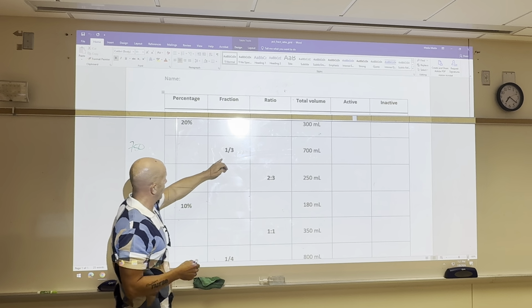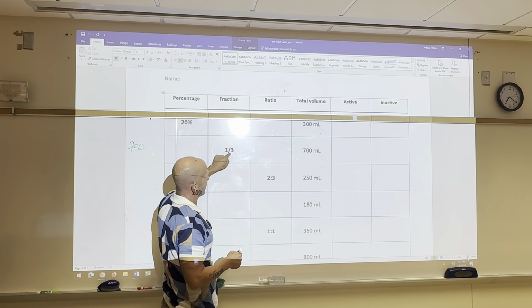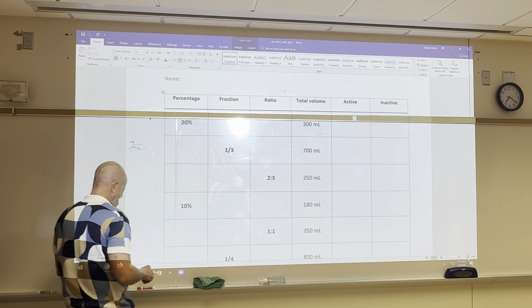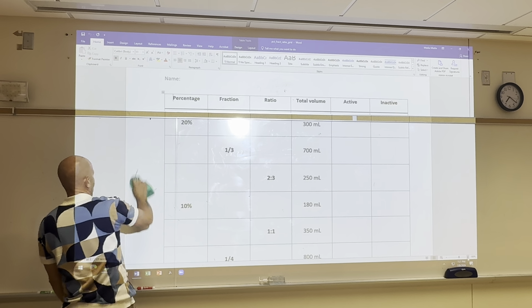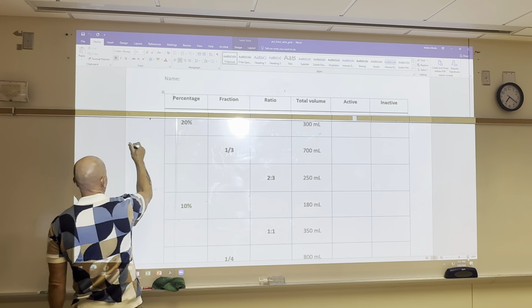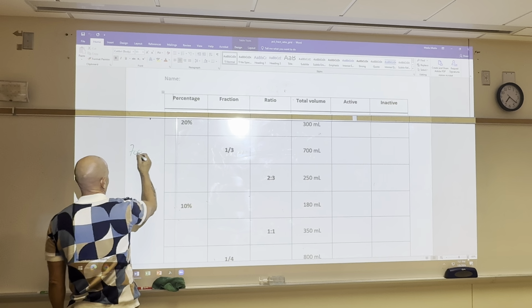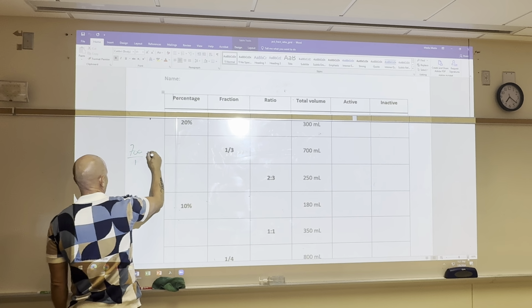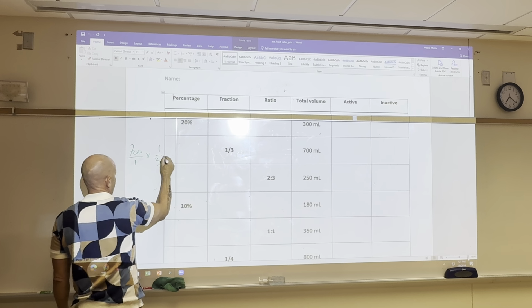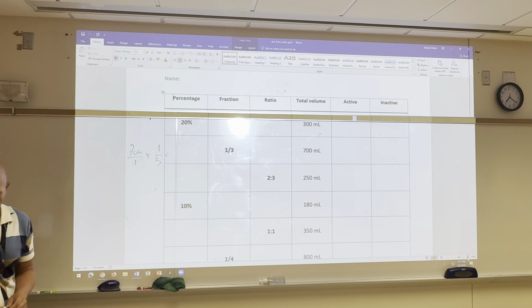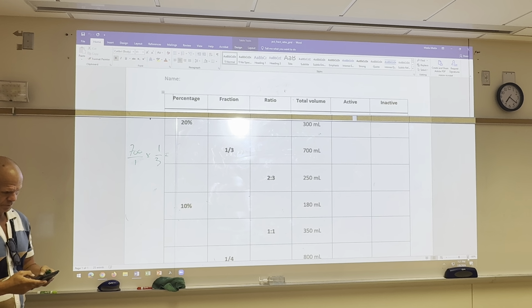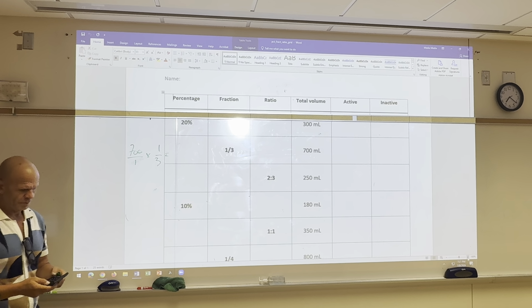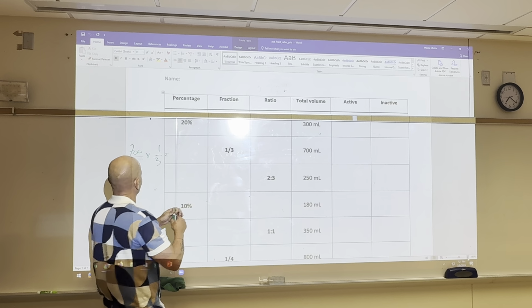So there's a 1 to 3 fraction, so what's 1/3 of 700? 700 over 1 times 1/3 gives you what? Well, how much is 1/3?